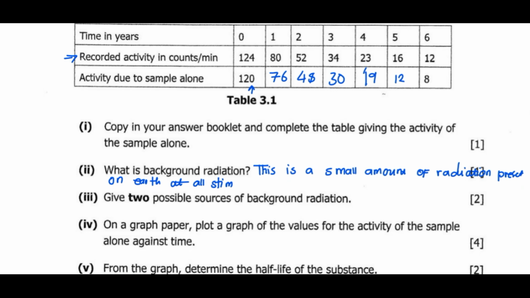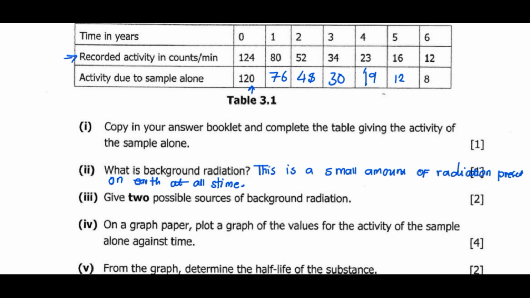So this means that at all times on Earth, in the atmosphere, there is a small amount of radiation that is just there. We are lucky that it is just in a small amount. That is what we call background radiation.